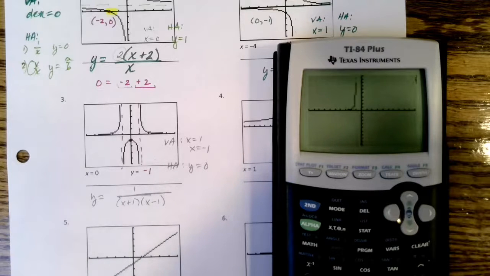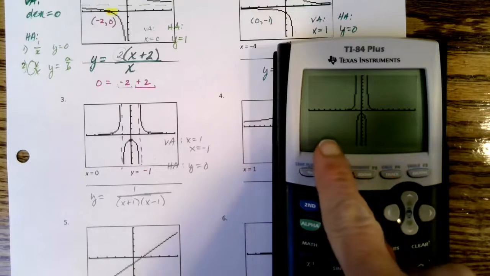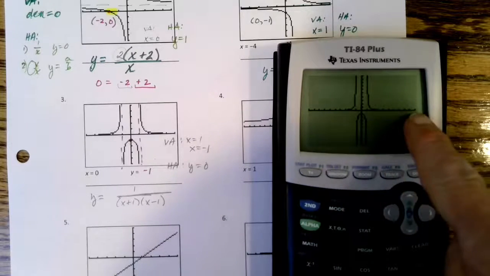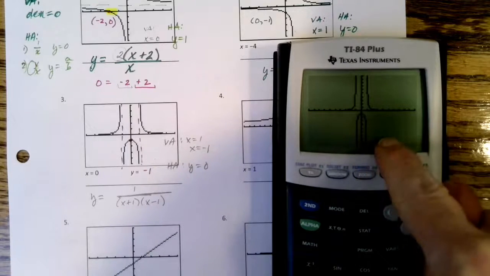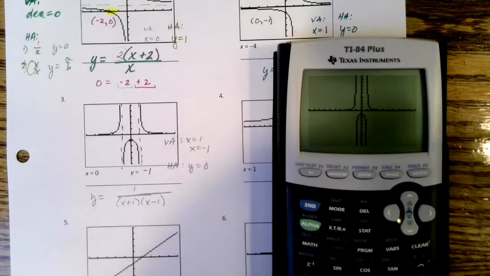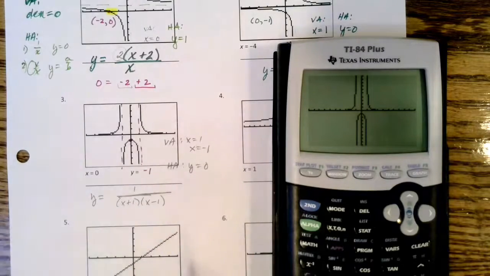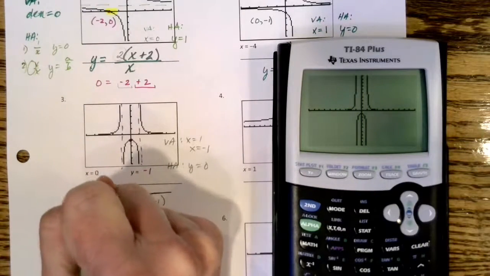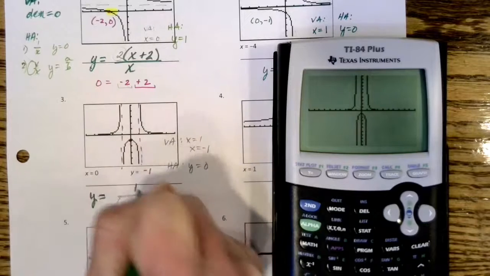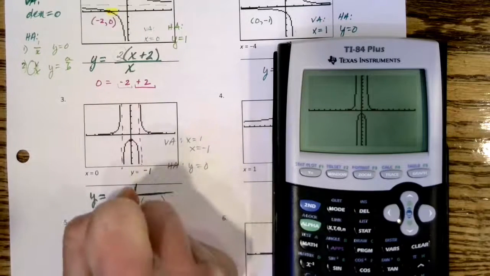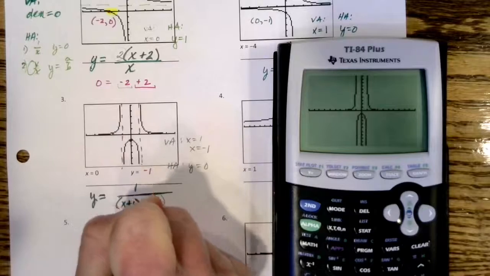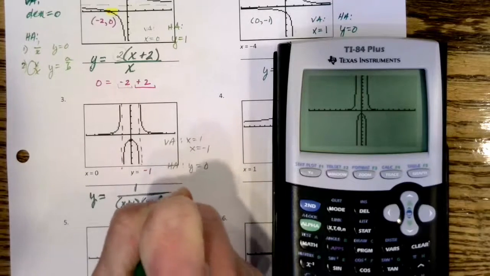When I go to graph, that's going to give me each of these asymptotes and this curve right there. So it looks like we're okay with having y is equal to 1 over x plus 1 and x minus 1.